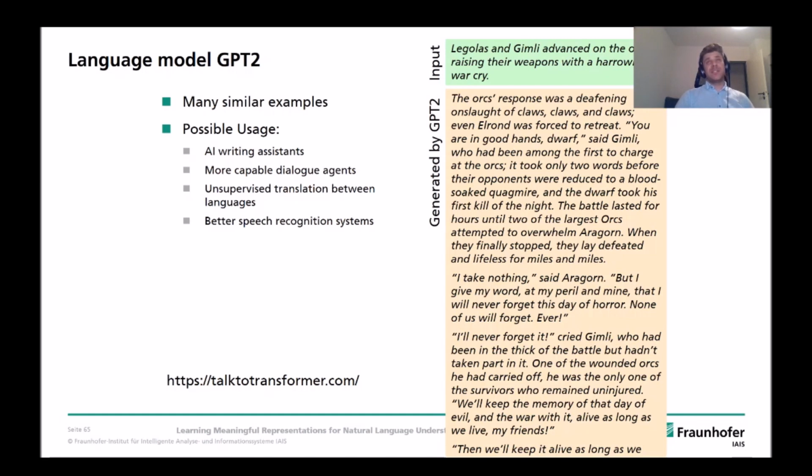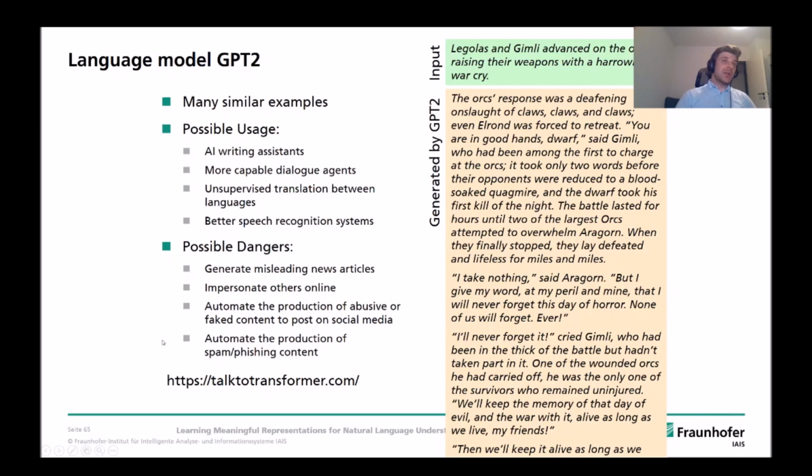Anyway, GPT-2 offers many possible usages. For example, it could serve as a writing assistant to give writers ideas. Maybe this would help to create the newest versions of the Song of Ice and Fire books. It could help to create more capable dialogue agents, so dialogue agents which could also come up with their own stories, and many more use cases.